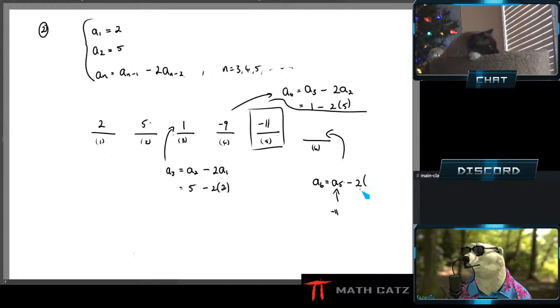Subtract 2 times, why is there a bracket? n is 6, so minus 2 is 4, which means 2 steps back. See, 2 steps back. And a4 itself is negative 9. Oh, that sucks. Okay. So negative 11 minus 2 times negative 9. So that's plus 18. So that is a 7.